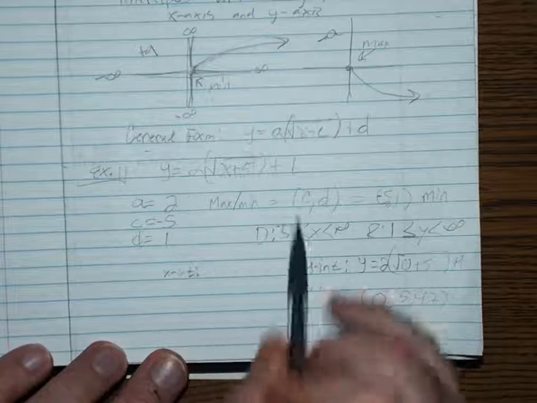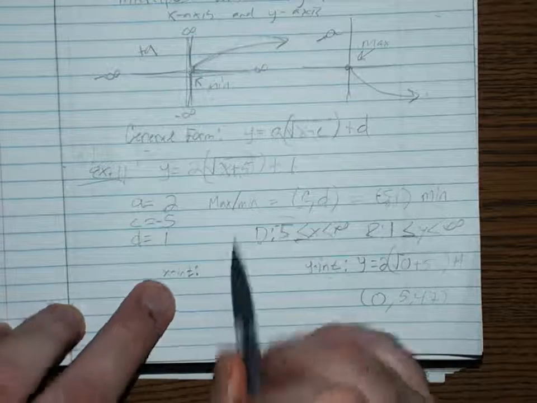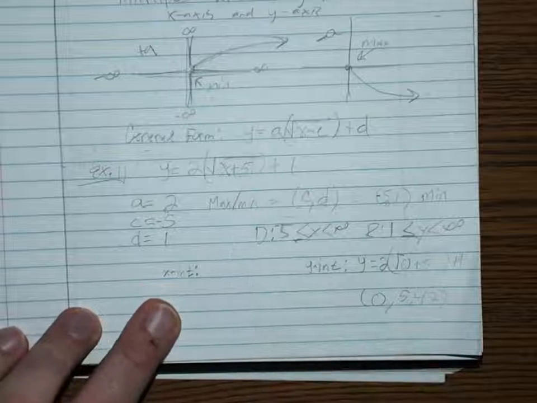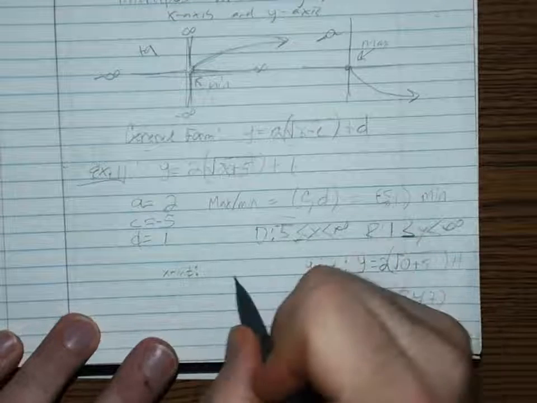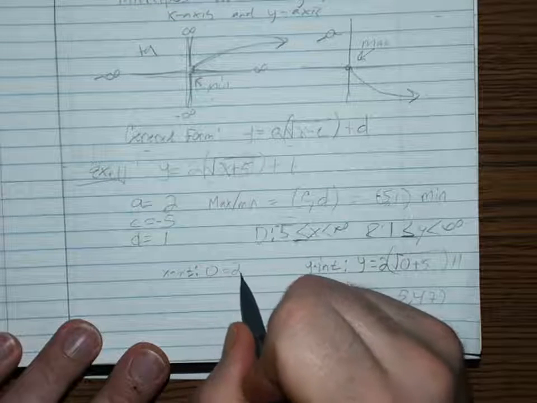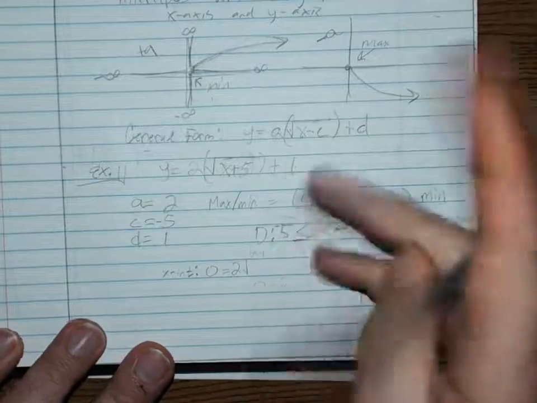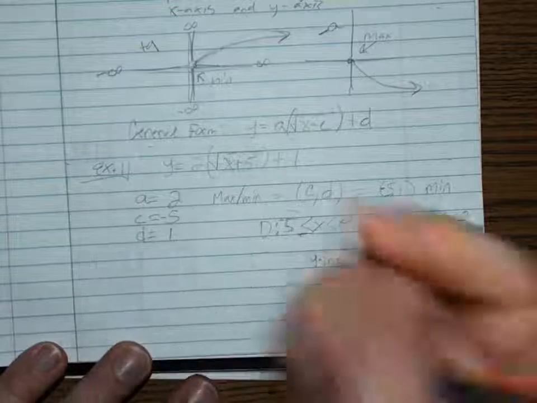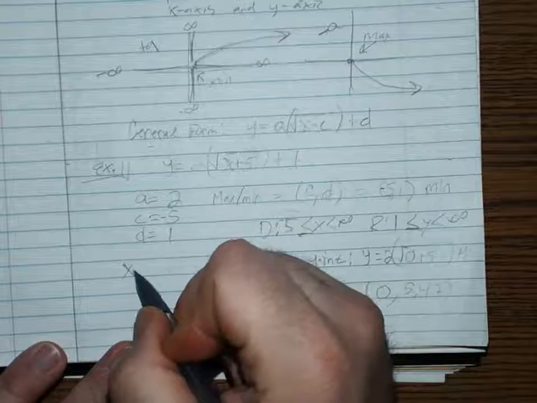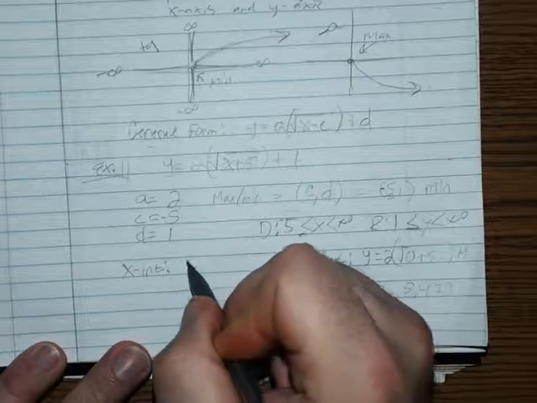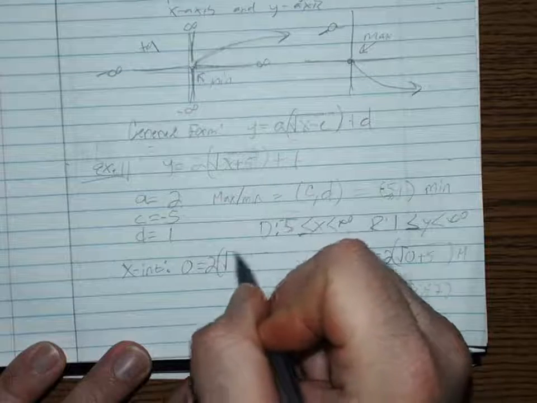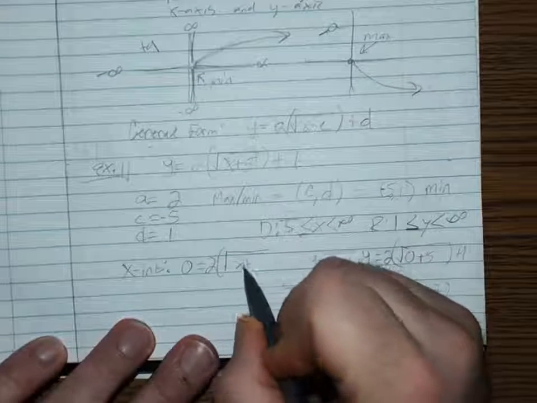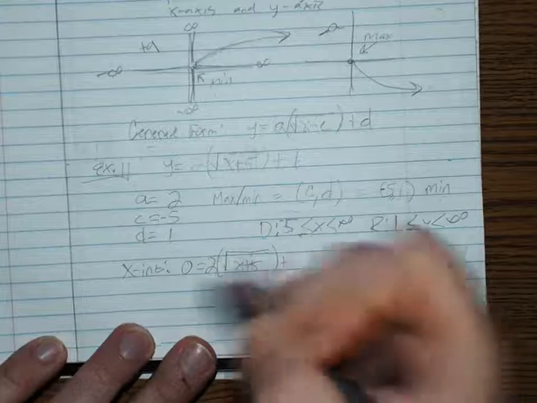The other one, though, you're going to have to solve for, because for the x-intercept, we plug 0 in for y. So I would get 0 equals 2 times the square root. I need more space, so I'm going to move this over, okay? I get so tired of my lead breaking. 0 equals 2 times the square root of x plus 5, plus 1.